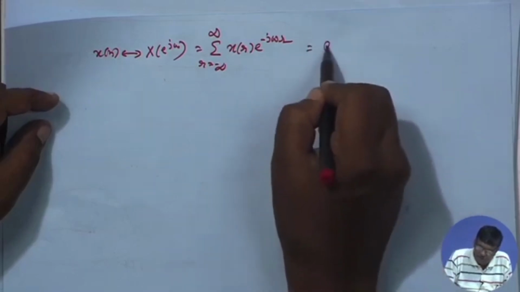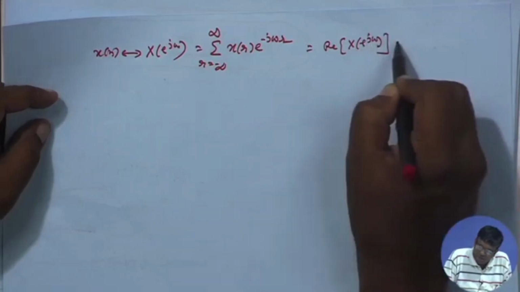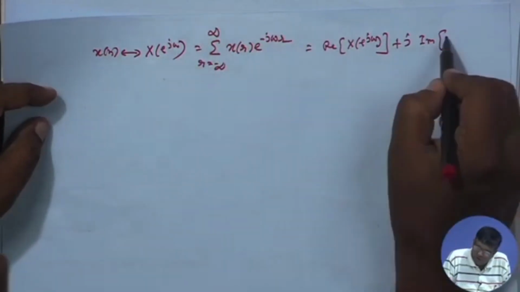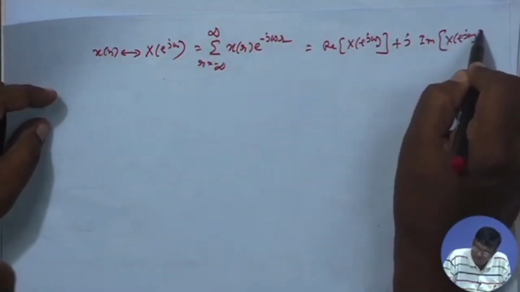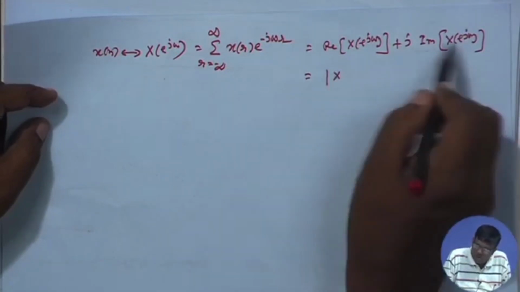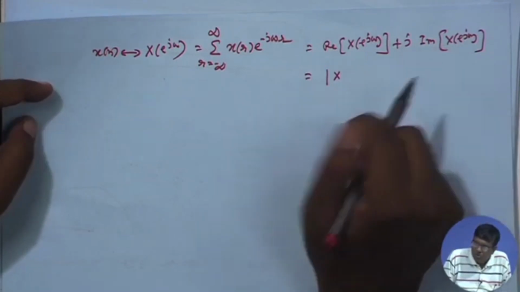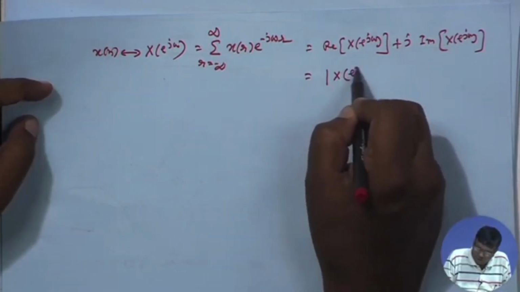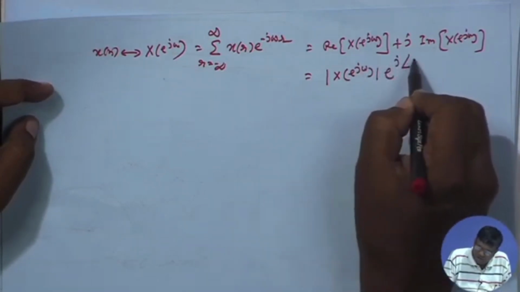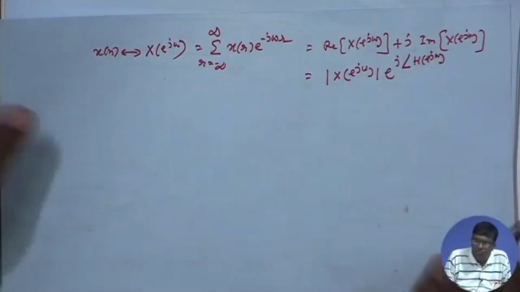That is, the real part of this DTFT plus j times the imaginary part of this total function. Or alternatively, this is a rectangular form, a plus j b, that kind of form for a complex number, and you can alternatively write it in polar form, that is magnitude times e to the power j angle of it, a phasor polar form.